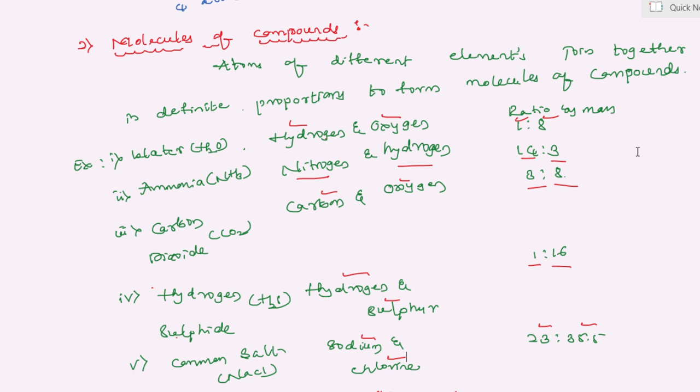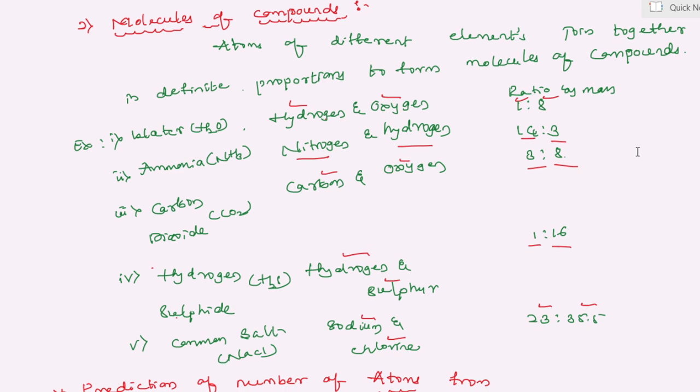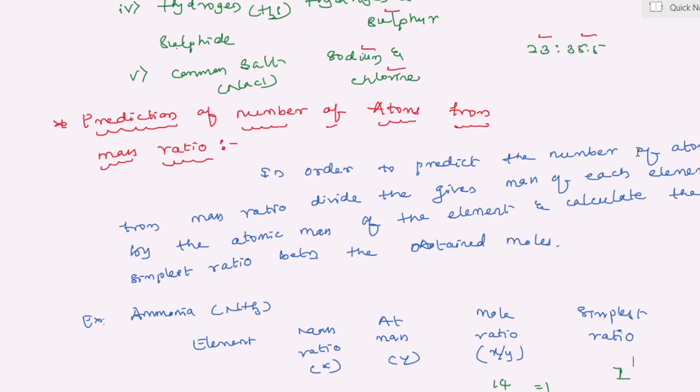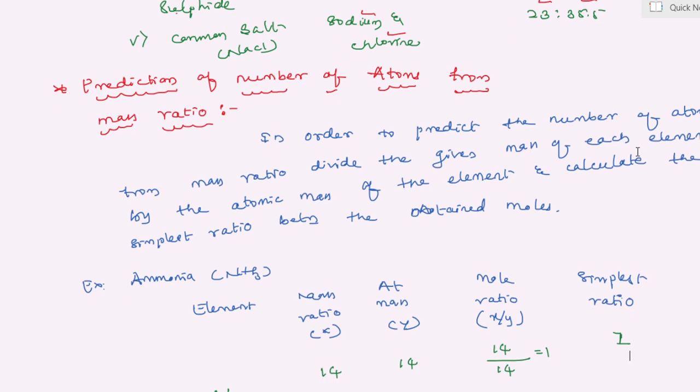Afterwards, molecules of compounds. Atoms of different elements join together in definite proportion to form molecules of a compound. Examples are water, ammonia, carbon dioxide, hydrogen sulfide, common salt, etc. Afterwards, prediction of atoms from mass ratio.